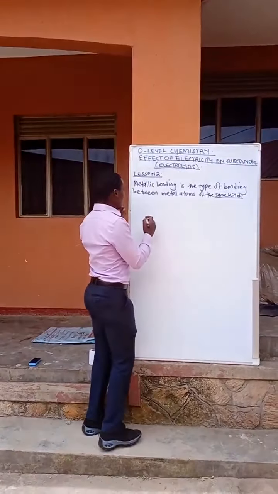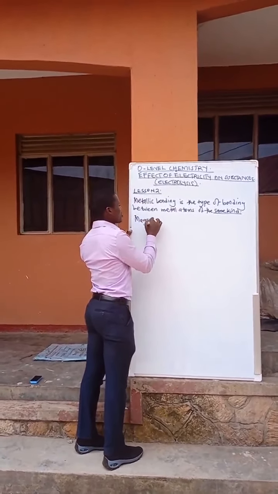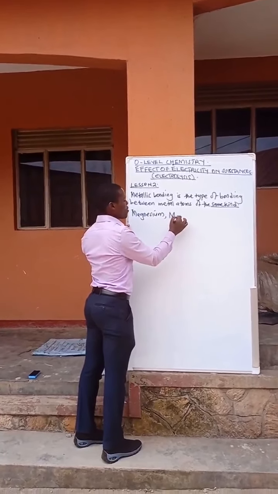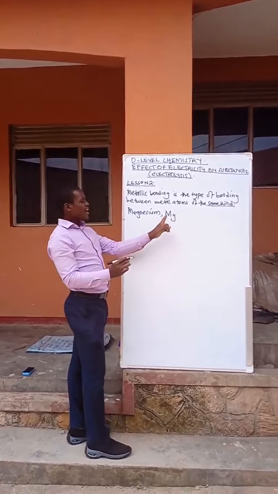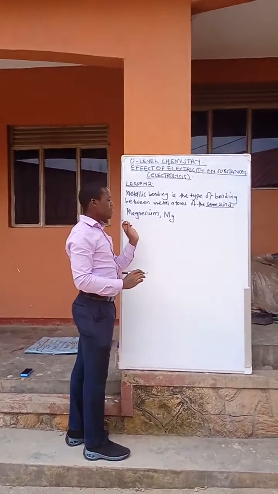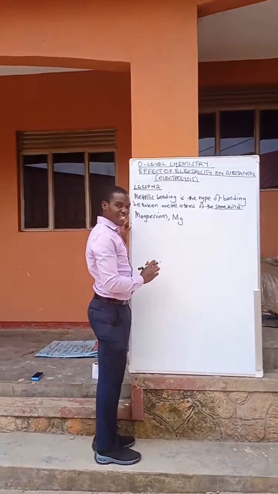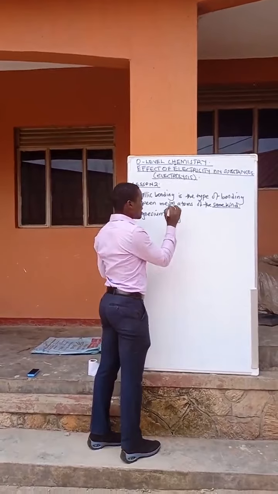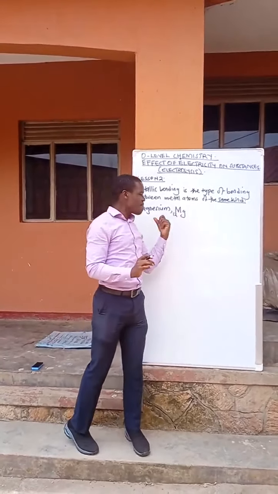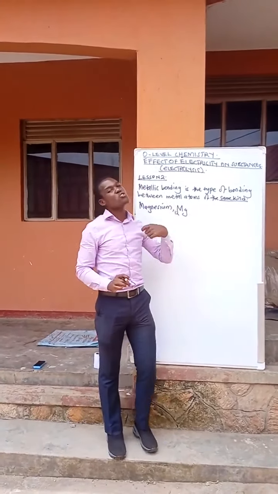All right. For example, magnesium, the chemical symbol is Mg, capital M, then small g. So magnesium is a metal, and you know its atomic number, isn't it? The atomic number of magnesium is 12. You must remember what atomic number is.